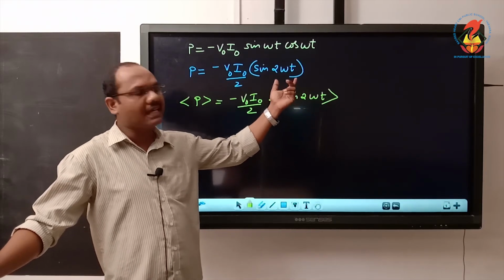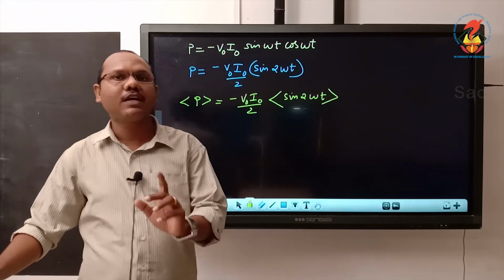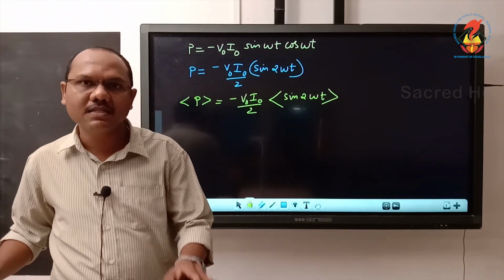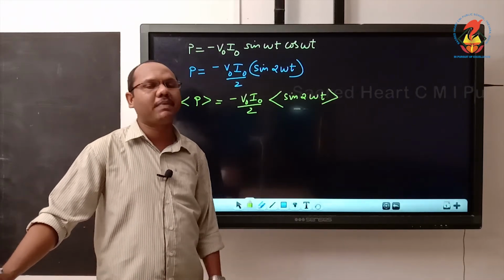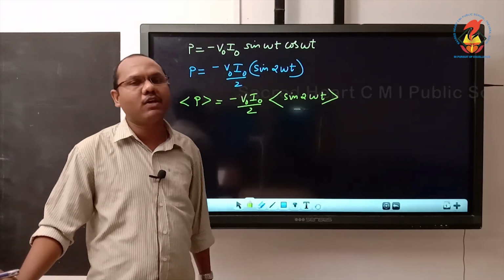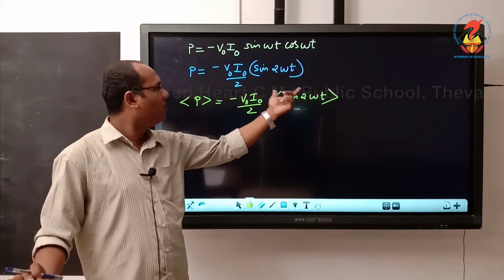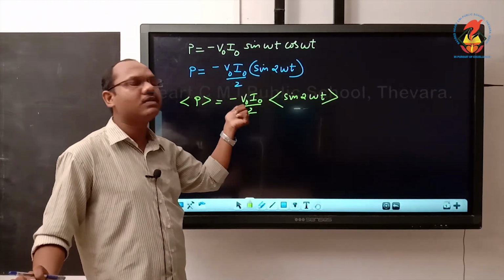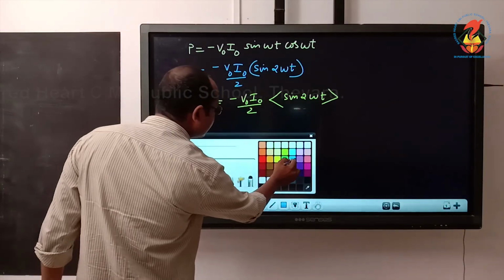If there is any time dependent function, its average value in one complete cycle is 0. So sine 2 omega t is time dependent. Its average value in one complete cycle is 0. So if this is 0, what is 0 into V0 I0 by 2? 0.